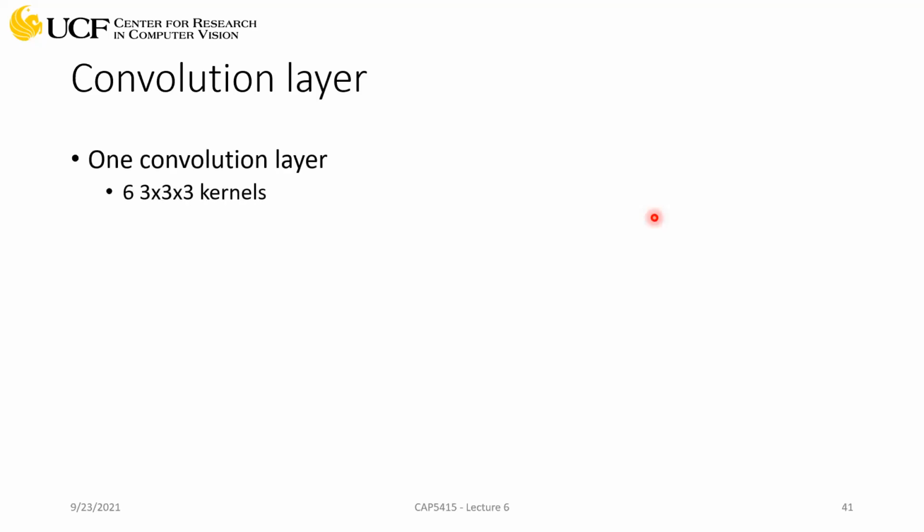Whenever you develop a new convolutional neural network, similar to a neural network where you have layers, and each layer represents how many neurons you have in that layer, similarly, in convolutional neural networks we have the concept of a layer. In a CNN, one convolution layer indicates how many kernels you have and what is the shape of those kernels.